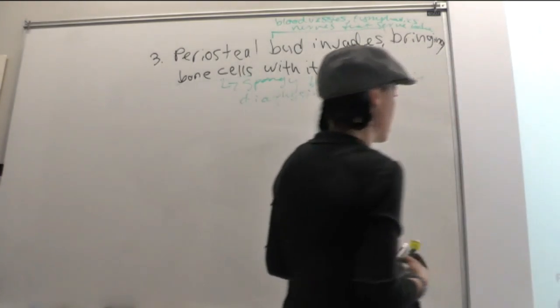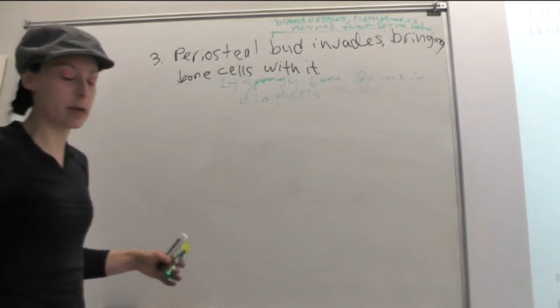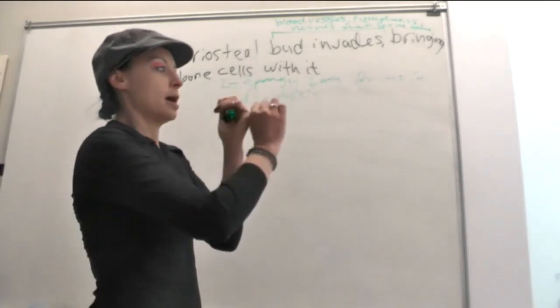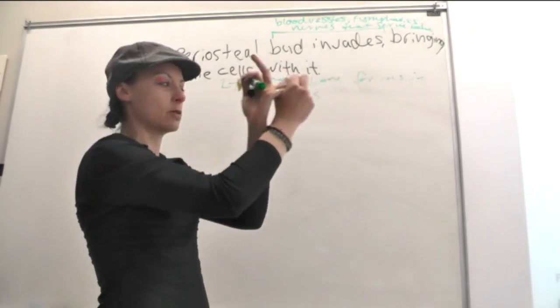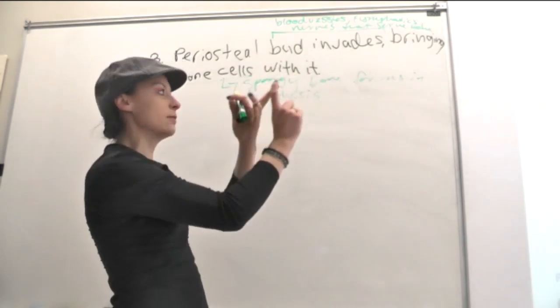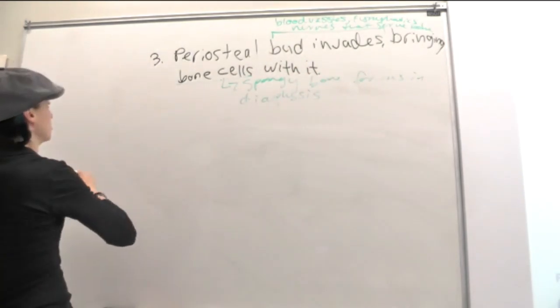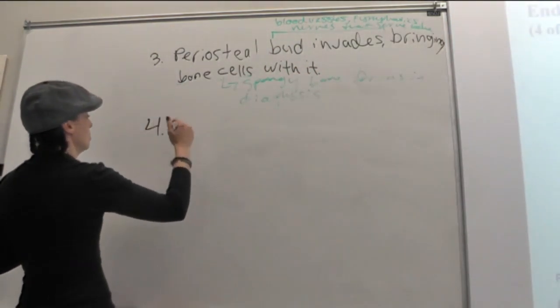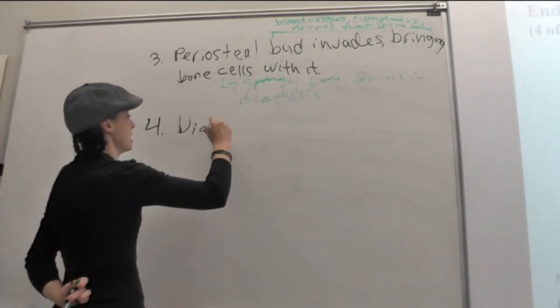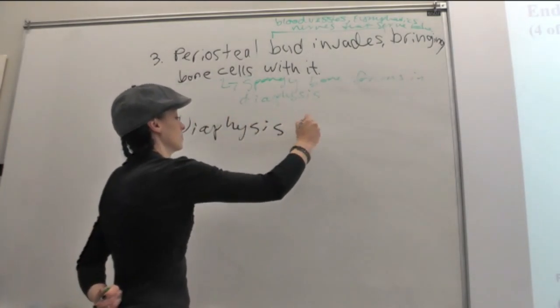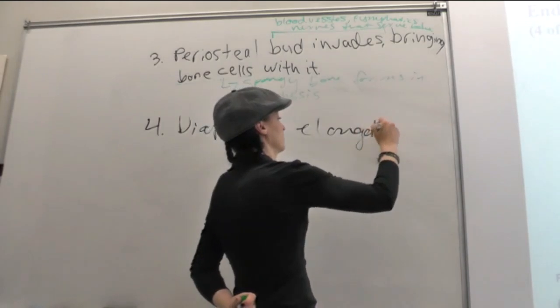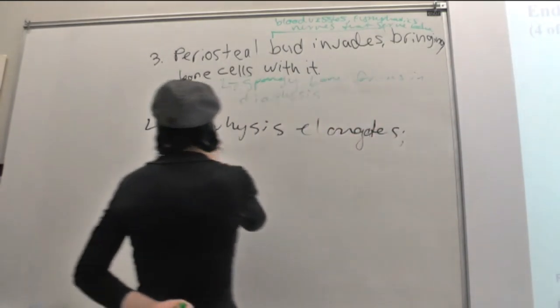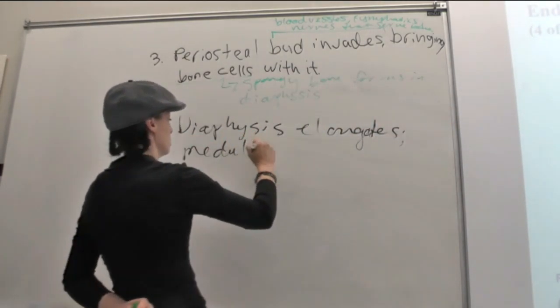So for this fourth step, we could say that the diaphysis is going to elongate, and with it so is the medullary cavity. And then we'll see the development of secondary ossification centers in the epiphyses. So the diaphysis elongates, our medullary cavity does too.